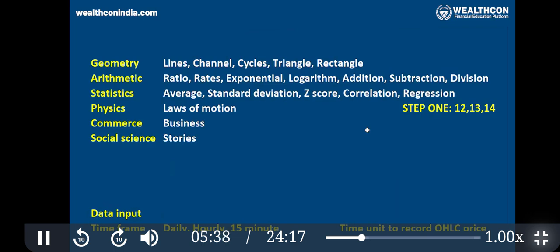That means most of you are already aware. If not, I request you to watch videos, Step 1 video numbers 12, 13, 14. I have already discussed how to calculate standard deviation and what correlation is. Z score we have not discussed, but you can learn it yourself from YouTube or Google. These are very basic things.